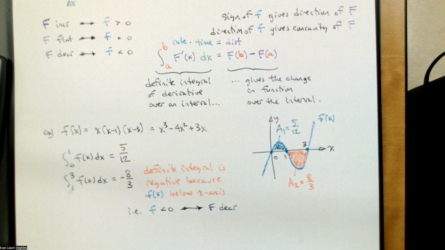So little f is negative, so capital F is decreasing. The negative 8/3 is how much capital F decreased.